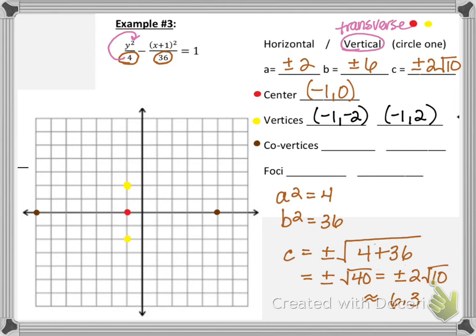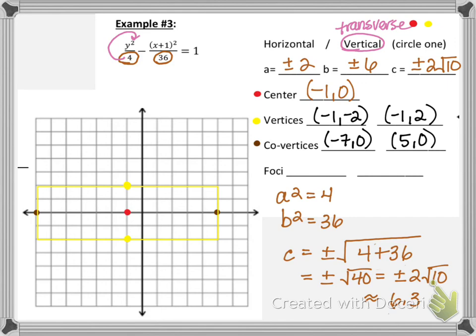For my brown, I went from the origin 7 to the left, so -7, 0, and 5, 0 on the other end. If I connected those, I can visualize where the asymptotes are going to be drawn.